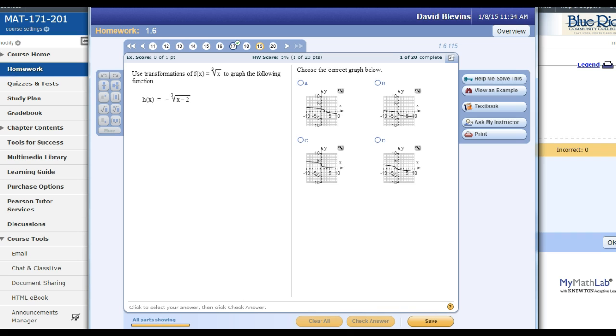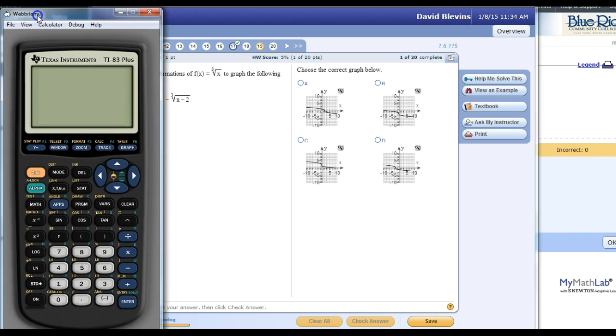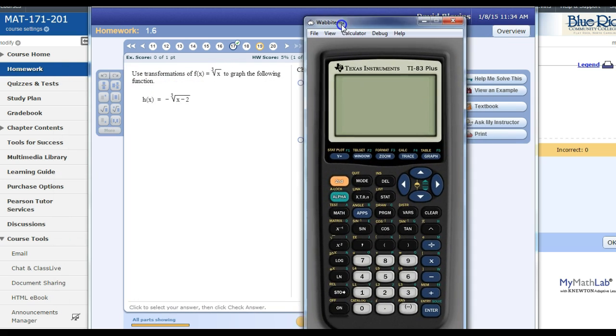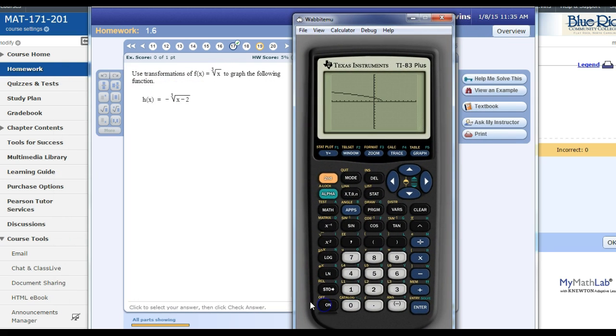Don't forget, if you're having trouble with this in 1.6, you have a calculator that can help you with this. So if I'm stuck and I can't remember how this thing flips and shifts and does all that stuff, I can just type it in. Remember, h of x, g of x, f of x, r of x, all those things just mean y.